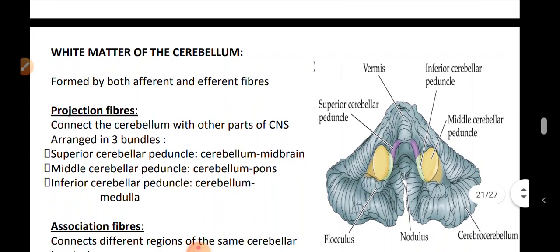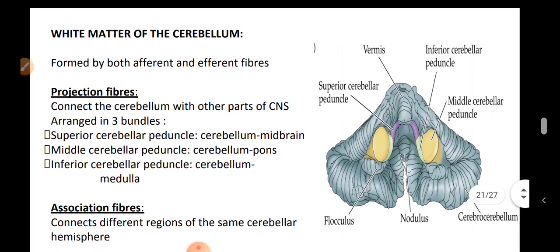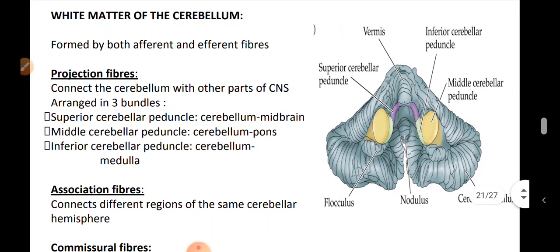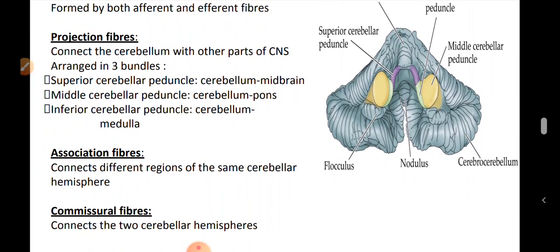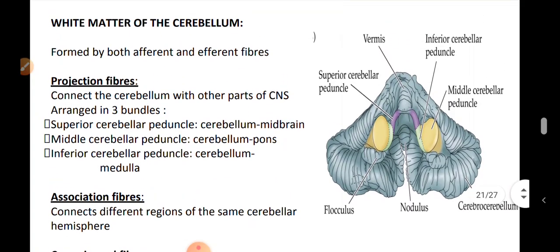So this is about the grey matter of the cerebellum. Now, the white matter of the cerebellum consists of afferent and efferent fibers. You can divide these into projection fibers, association fibers and commissural fibers.